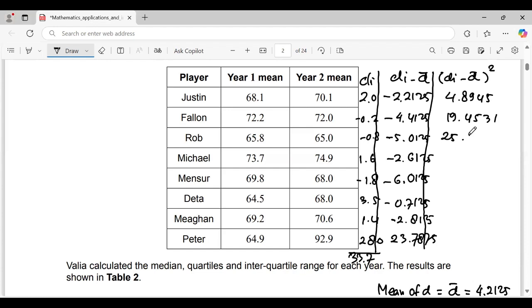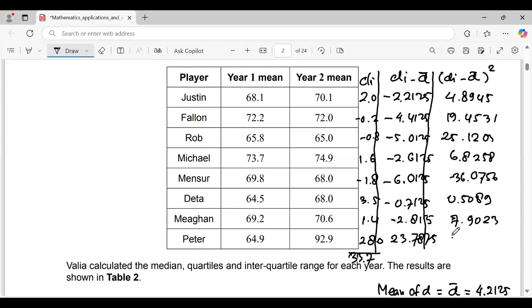25, 1203, 6.8, 258. This one 36.0756. 0.5089. This one 7.9023.